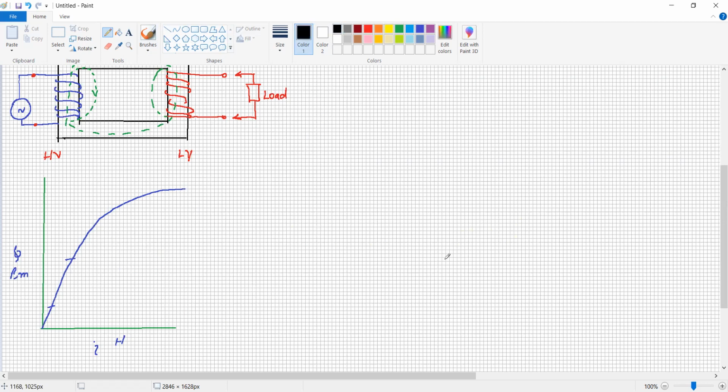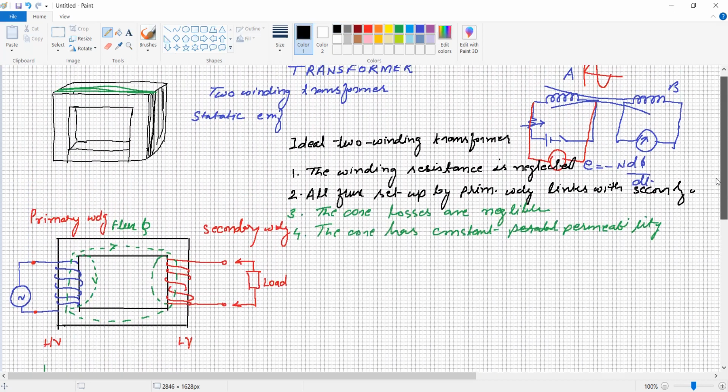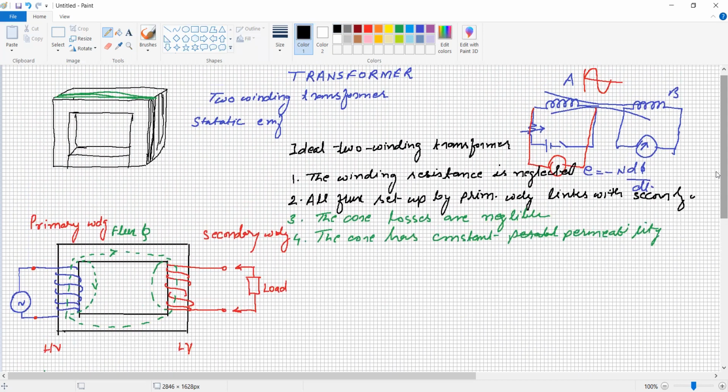One more thing before going into detail on the construction of the transformer, the transformer which we will use as a practical transformer. If you take the top view of a limb, it may be like that. This is the cross-sectional area of magnetic material.